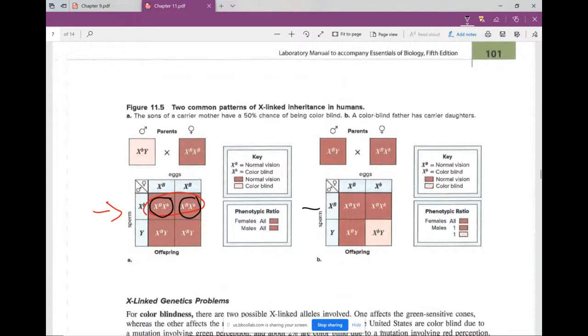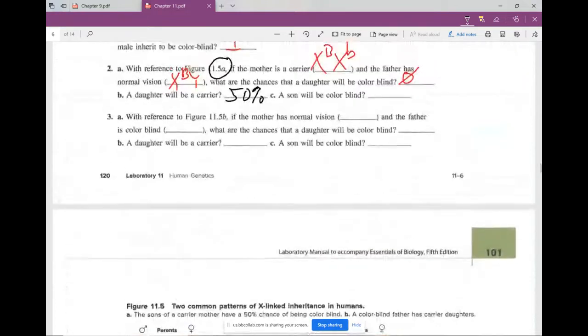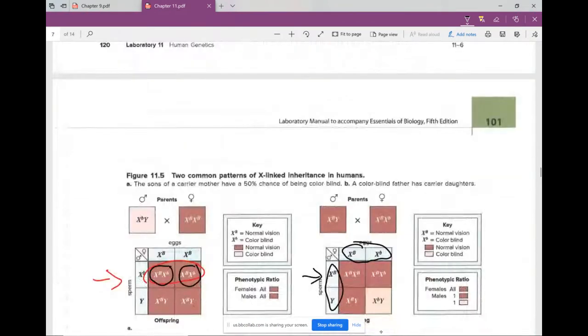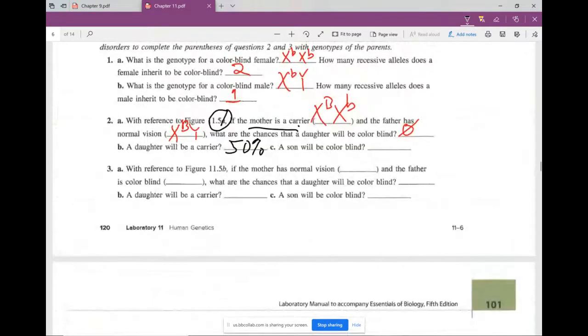We're actually looking at this one, where the mother is a carrier and the father is normal. Am I correct here? Mother is a carrier and father is normal. All right, so they made a mistake here. So this is actually 11.5B.